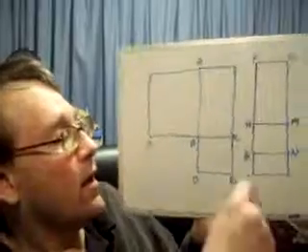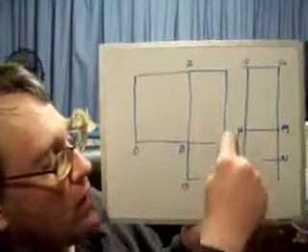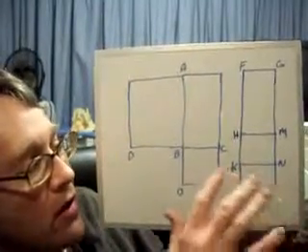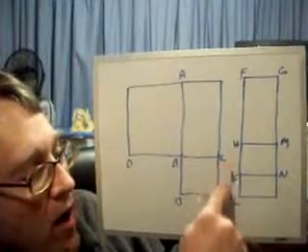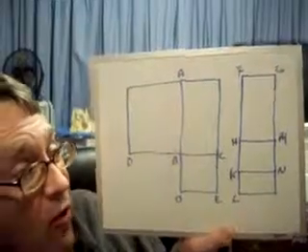So now we're going to say that these two lines are rational. This line here and this line here, they're rational, but they're only commensurable in square. So if you made a square out of HM and you made a square out of HK, their two areas would be commensurable.